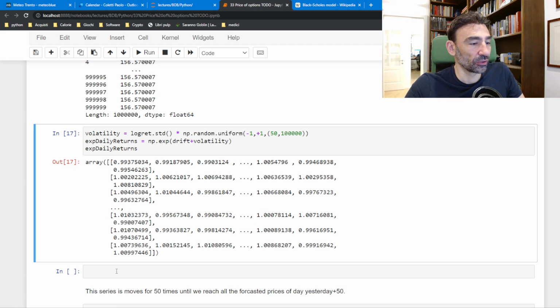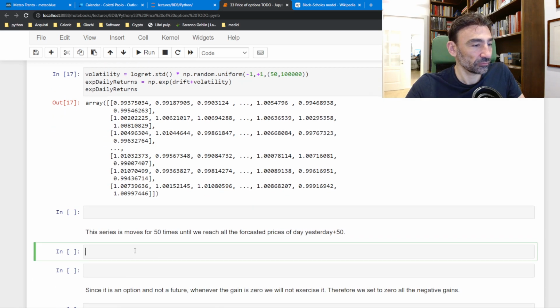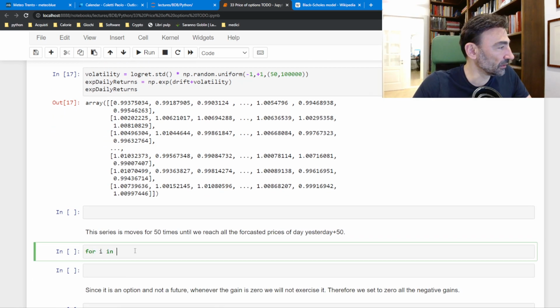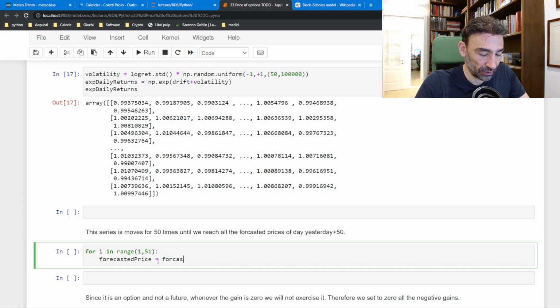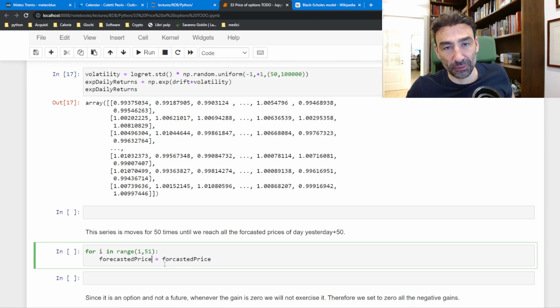Now we go on with the usual simulation: for i in range 1, 51. So this will produce numbers from 1 to 50. Python has this feature that it never arrives up to the last one. Forecasted price is equal to the forecasted price times the daily returns. In the original Monte Carlo simulation, we had forecasted price of i equal to forecasted price of i minus 1, because we wanted to keep all the steps.